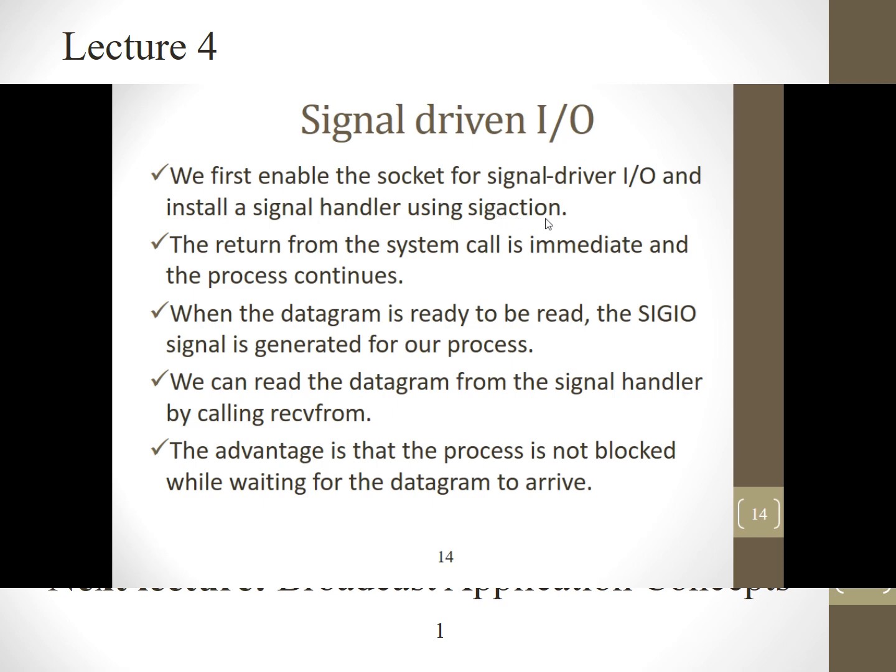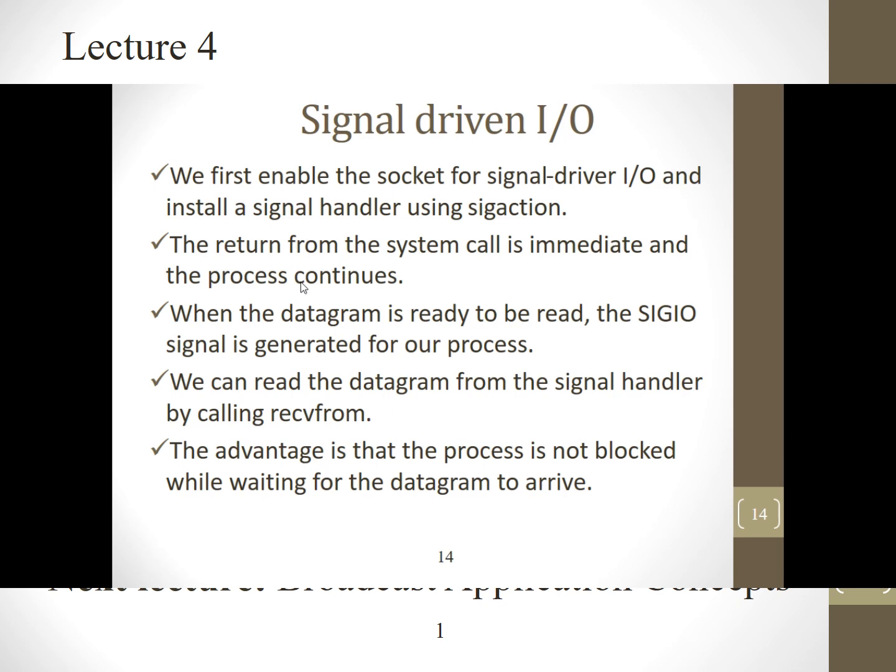In other words, the sigaction system call is used by the application process to install a signal handler on the kernel side to enable signal-driven I/O. The return from the system call is immediate and the process continues.